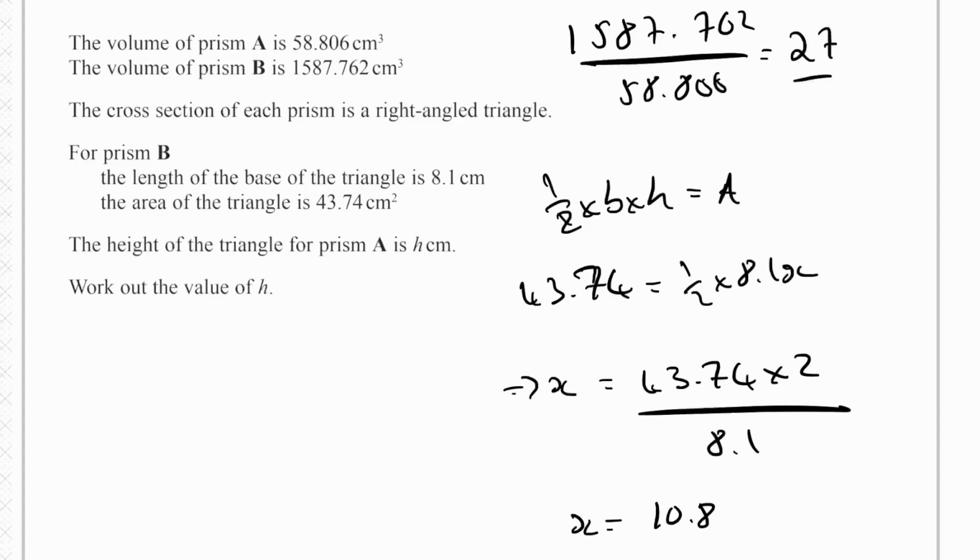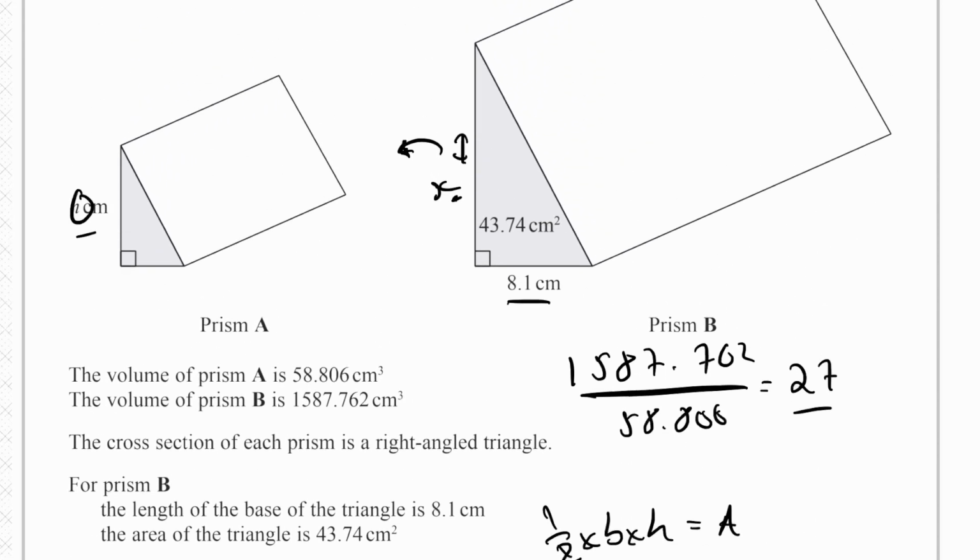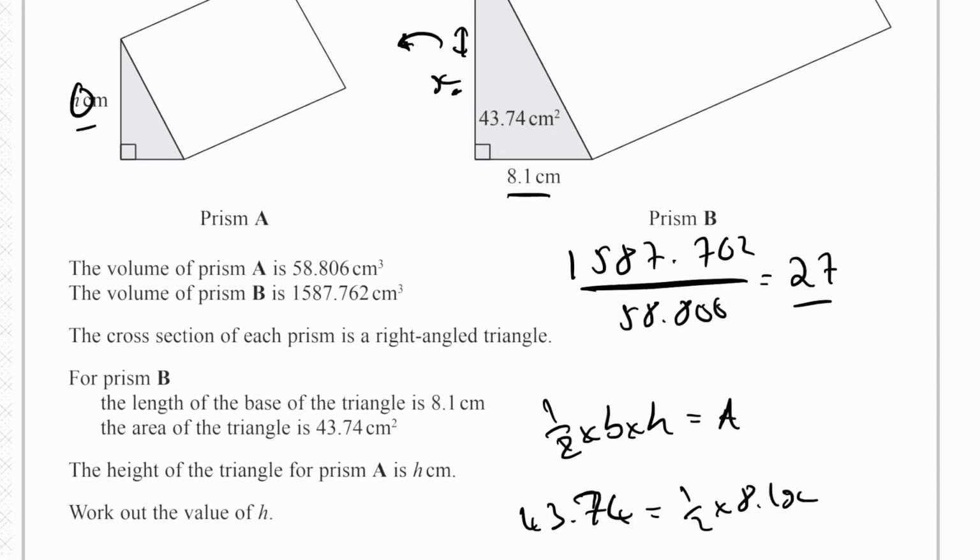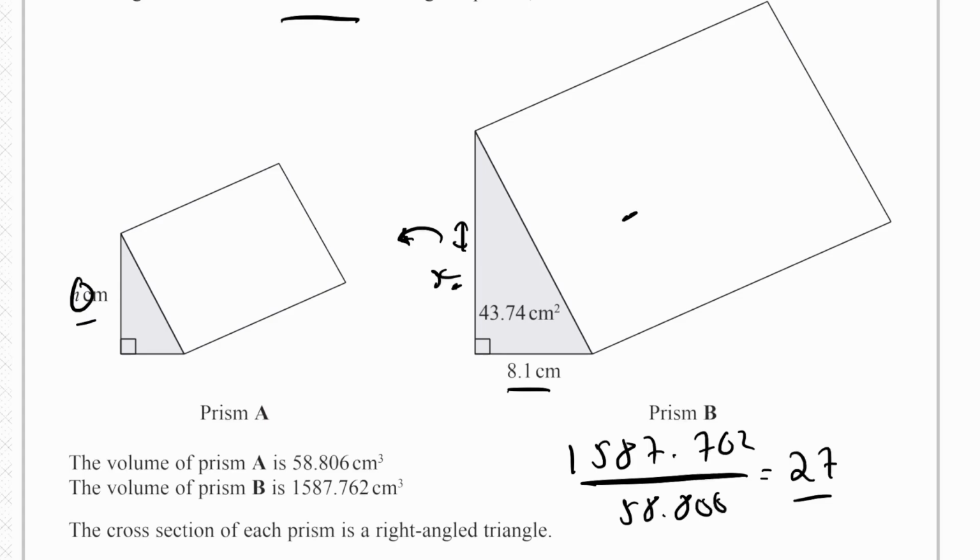Can write that down. Okay, now perfect. Then essentially we need to work out what to do with the scale factor. If you were going from the volume of B to the volume of A, you saw the scale factor was 27, so you'd have to divide through by 27. Now, in this case, we're working with heights. So what we need to do is cube root the scale factor of the volume.